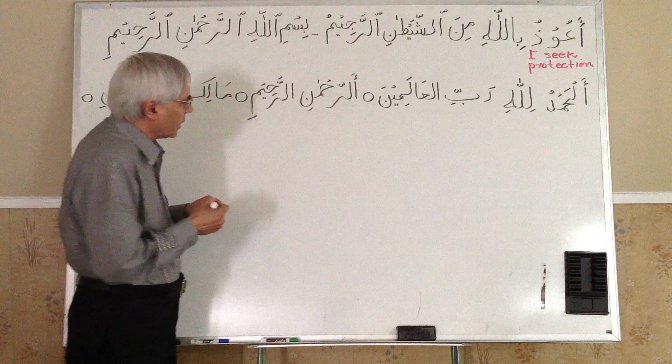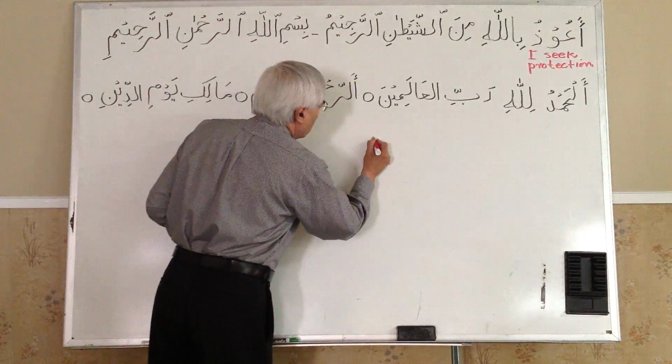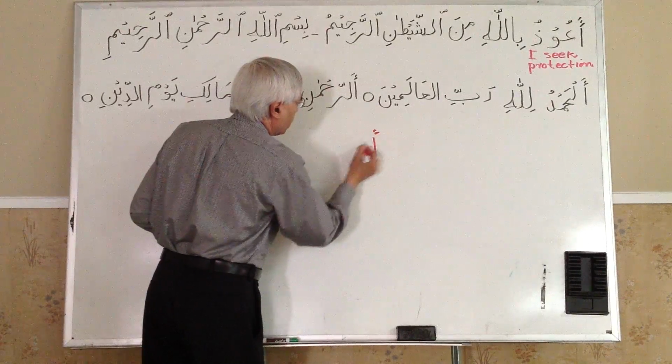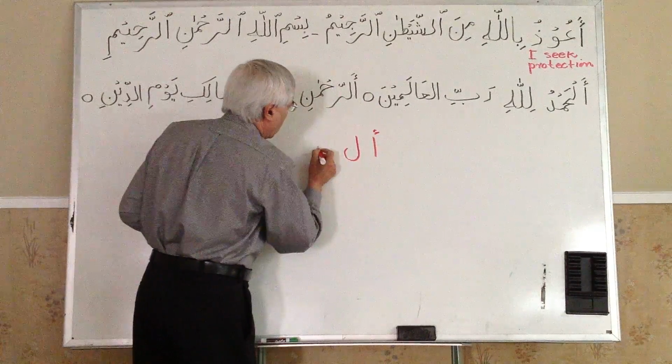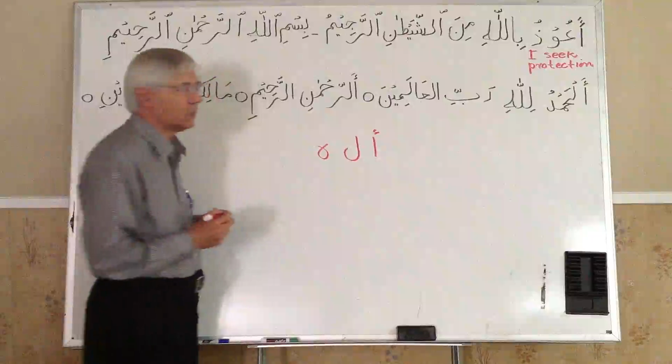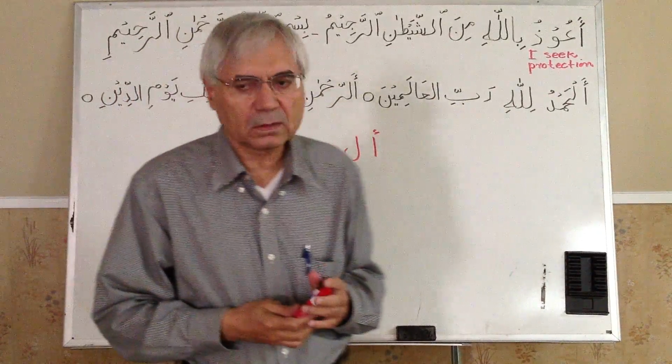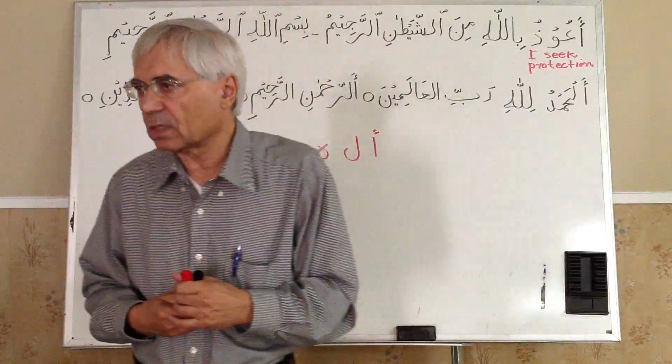So we will start with again 3 letters. Alif, or you can call Hamza, Lam and Ha. These are 3 letters. As I said, 99% of the words in Arabic start with 3 letters.